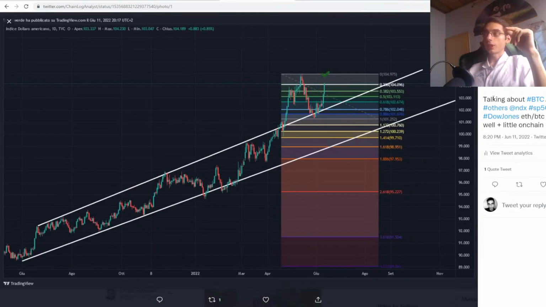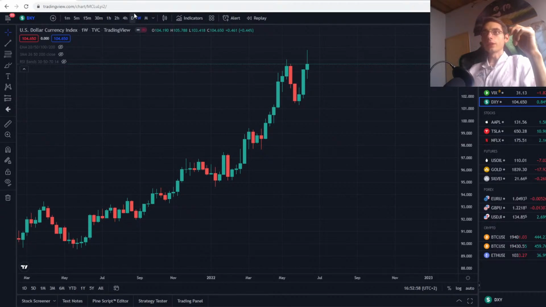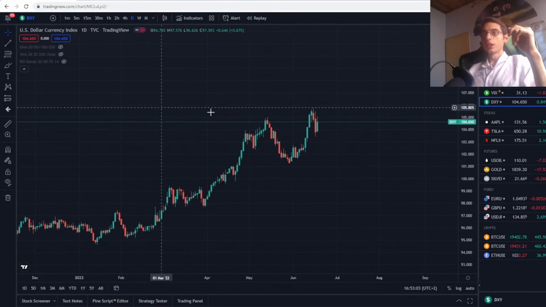This is a tweet that I used, and back then we saw that the DXY was strong. I was expecting it to reach these levels and get back down to the 0.382 level. And actually, if we see the DXY now in the daily, we're seeing this happening right here.